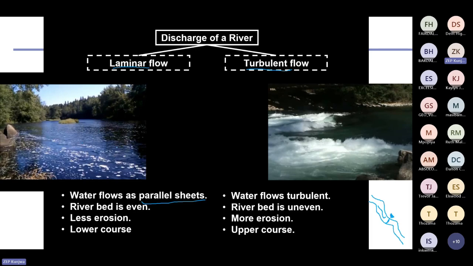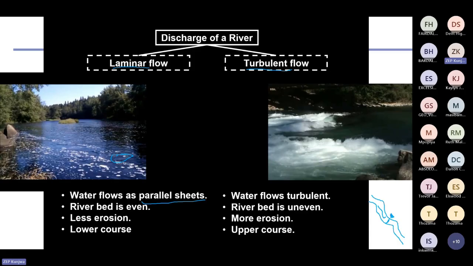I don't know if you can see that. It seems like they are sort of broken, something that you are peeling off. I don't know if that is clear. But those are parallel sheets, which means the water is flowing peacefully. All water sheets are flowing nicely. Nothing is disturbing each other there.